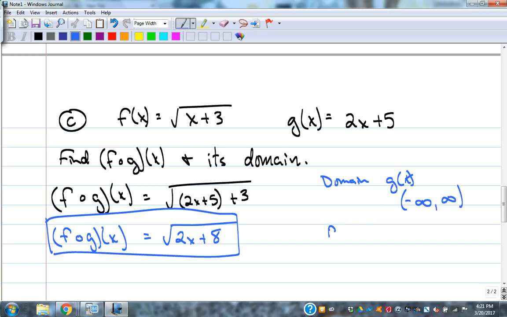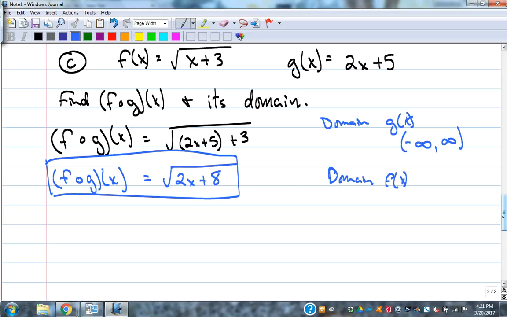And then the domain on f of x. Are there restrictions on it? Yeah, I've got a square root. So what are my restrictions there? I've got x plus 3. What kind of numbers can I take the square root of without something crazy happening? Yeah, those are, but what kind of number is 4?